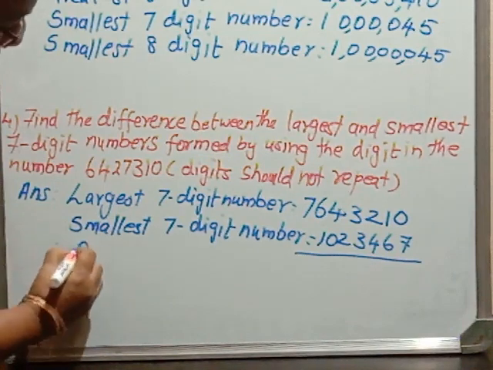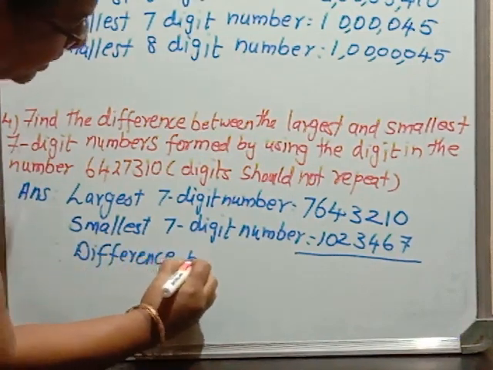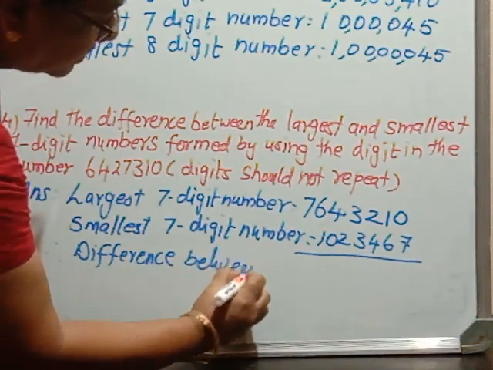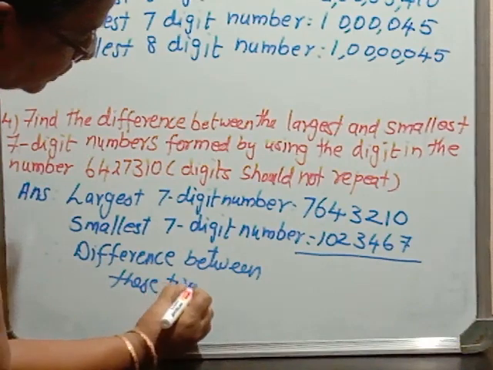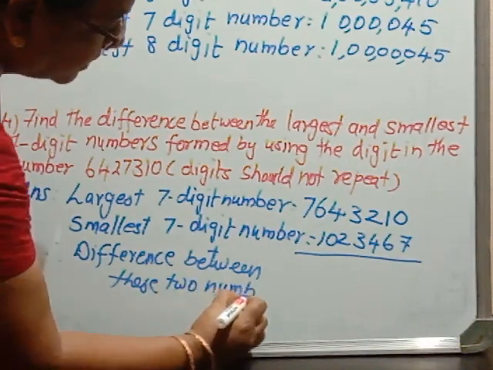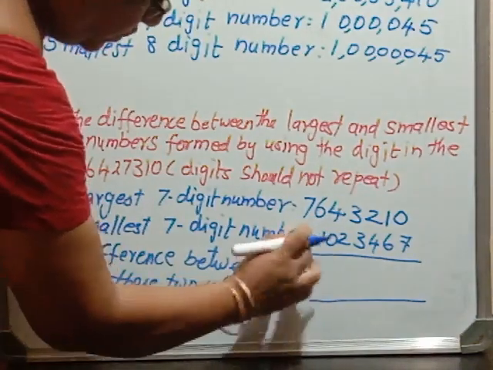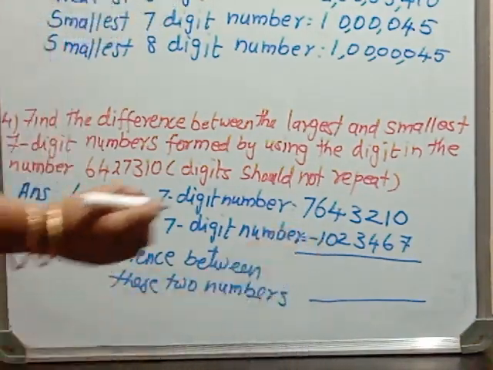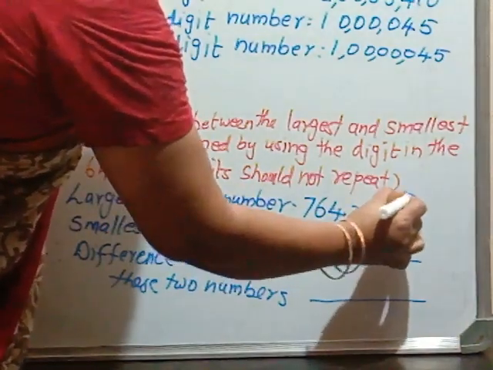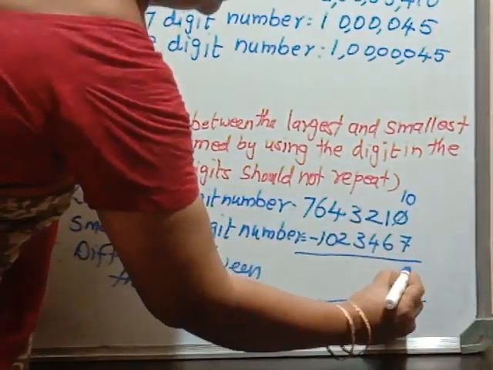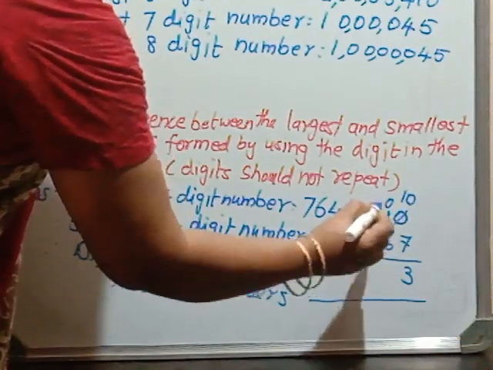Therefore, the difference between these two numbers. Difference means what we have to do, children? We have to subtract. Now, can we subtract from 0? We can't. So, borrow 1. 10 minus 7, 3. Here, we are given already, it will be 0. We can't.